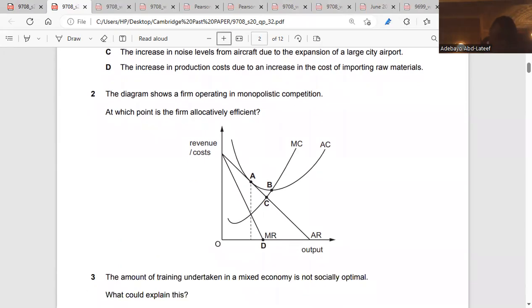Go to B, question 2. This is a diagram that shows a firm operating in monopolistic competition. Why is it monopolistic competition? Firms in that industry produce goods and services that are not similar, but they are competing.